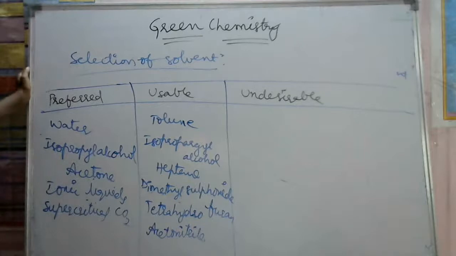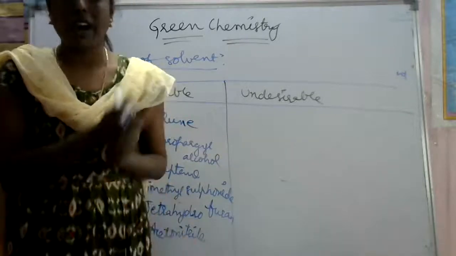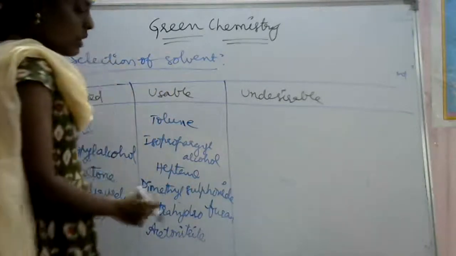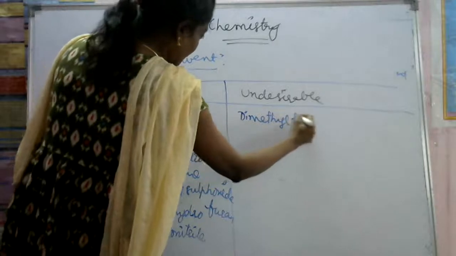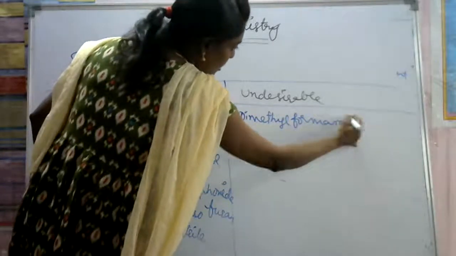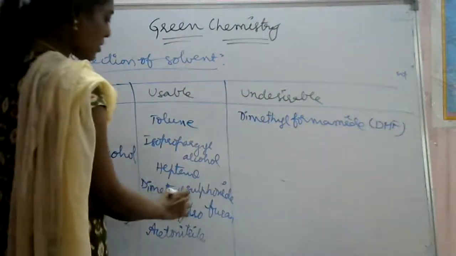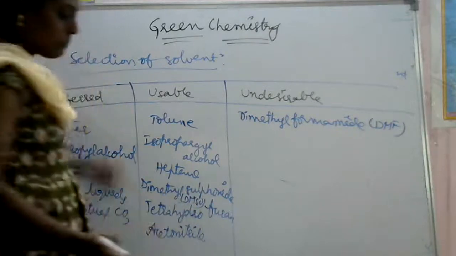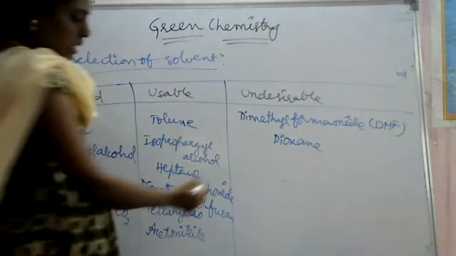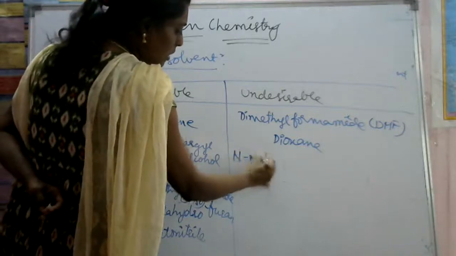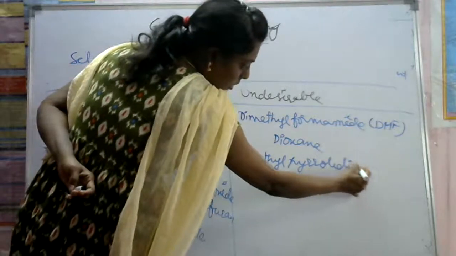Next, we have to avoid all these. These are said to be undesirable: dimethyl formamide, short form DMF, dimethyl sulfoxide called DMSO, dioxane, and N-methyl pyrrolidinone.